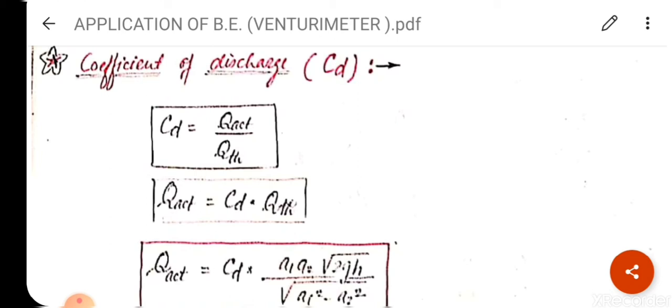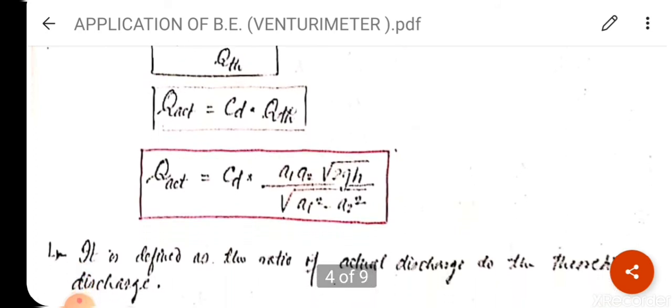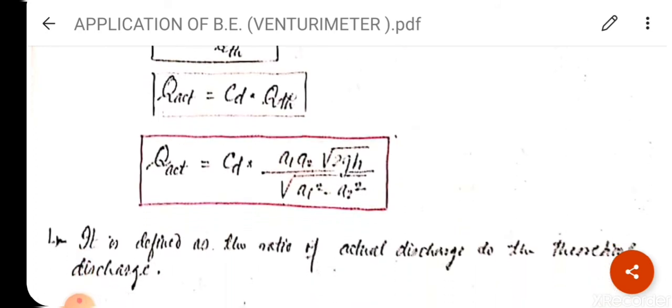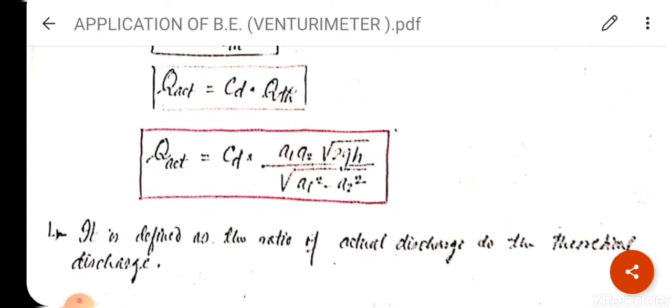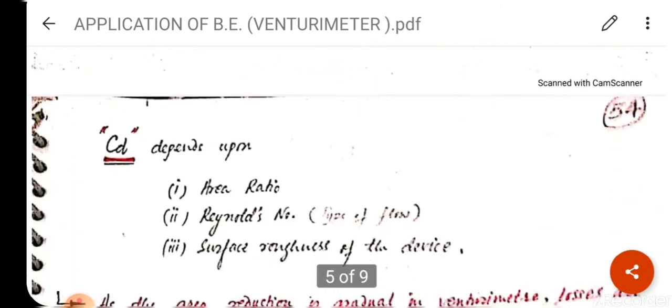So to find Q actual, it will be multiplied by the coefficient of discharge, represented by C with suffix D. So Q actual will be CD into Q theoretical. Applying the formula with CD, we get Q actual is equal to CD into A1 A2 under root 2gh upon under root A1 square minus A2 square. It is defined as the ratio of actual discharge to the theoretical discharge. This is nothing but the coefficient of discharge.